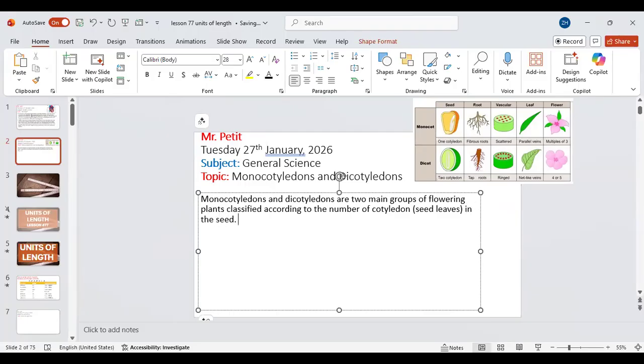So one has one seed leaf, the other one has two seed leaves. So monocots have one cotyledon, right?